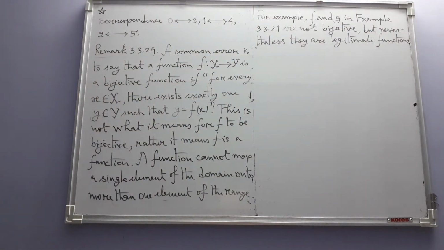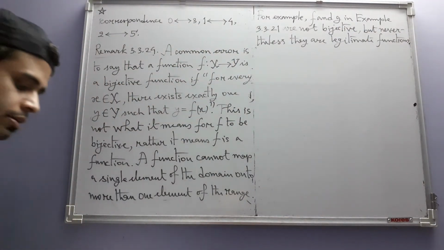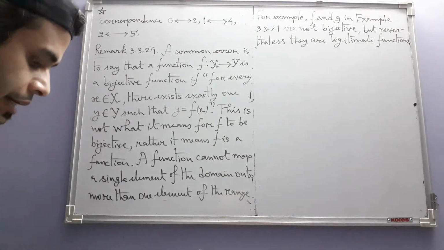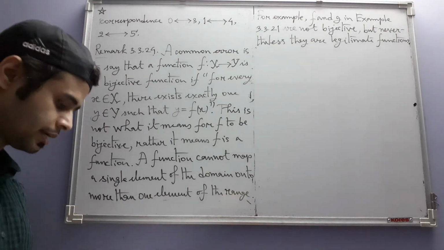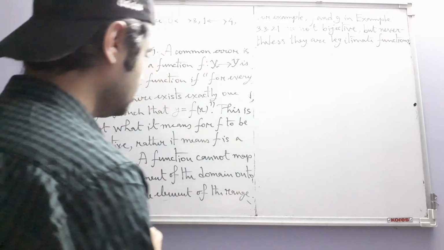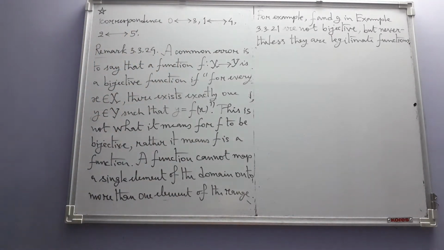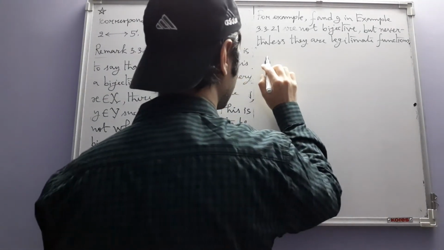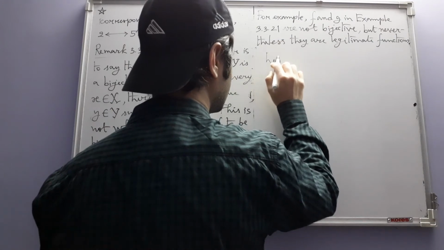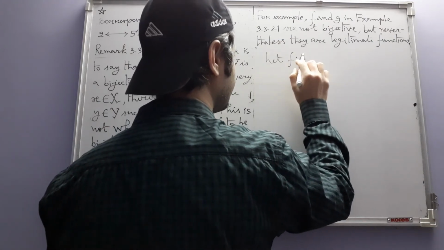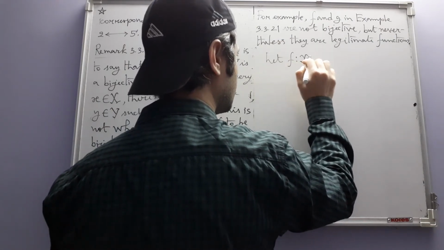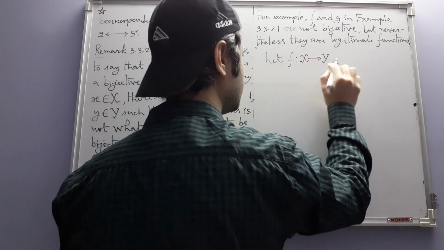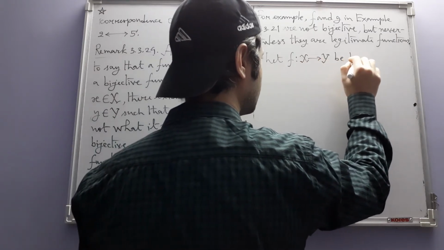Okay. And now comes the last part of this text, the text part of this section, and that is the notion of an inverse function. Let f from X to Y be bijective.